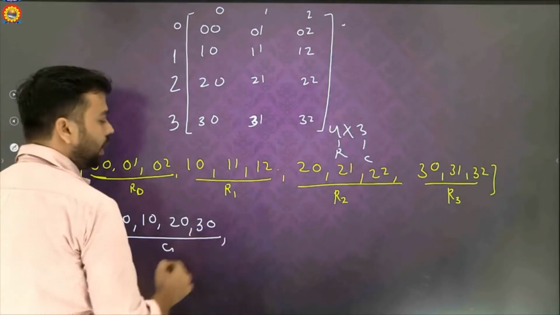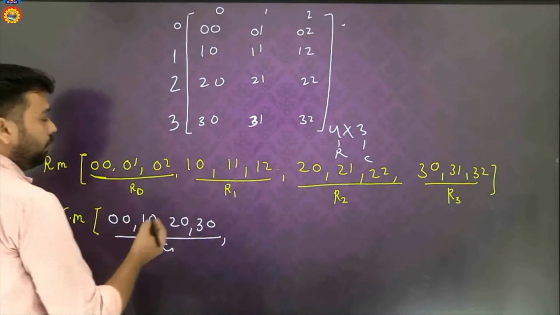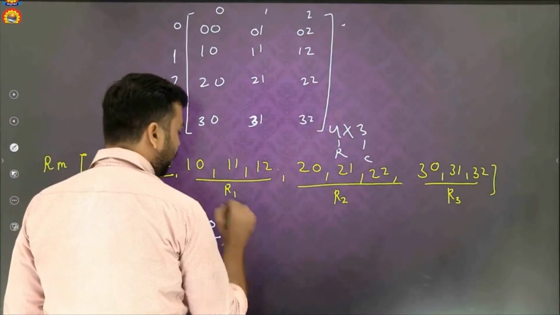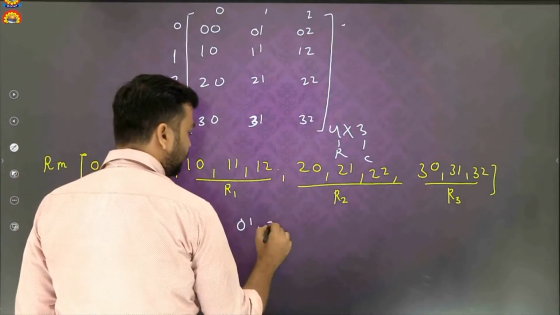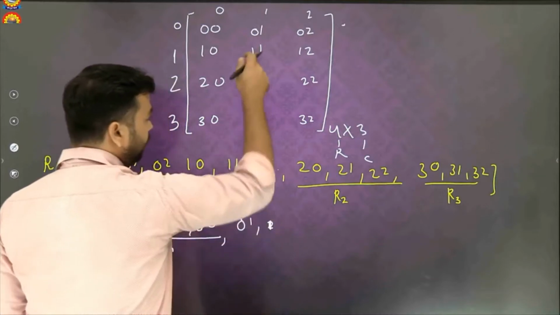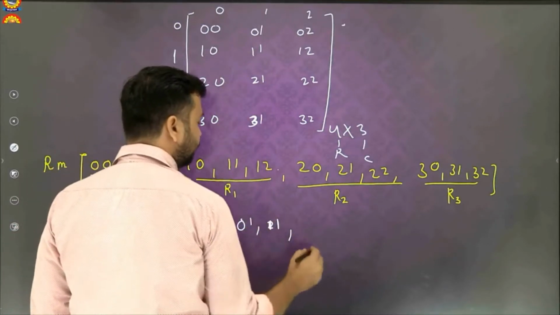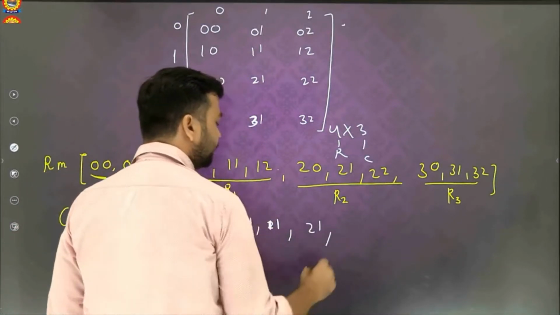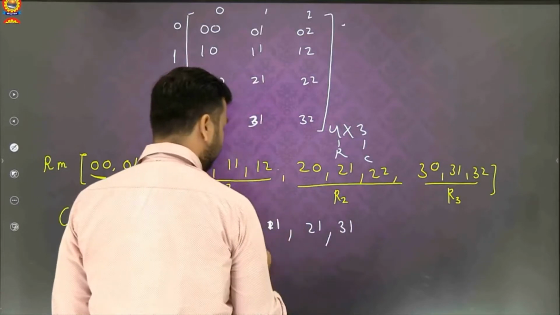Then we store the values of column 1: 0,1; 1,1; 2,1 and 3,1.